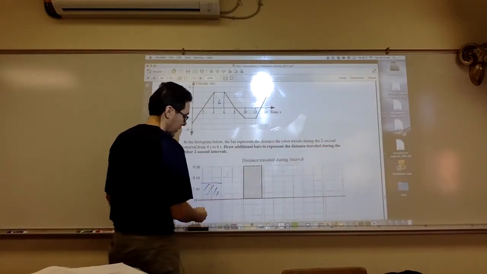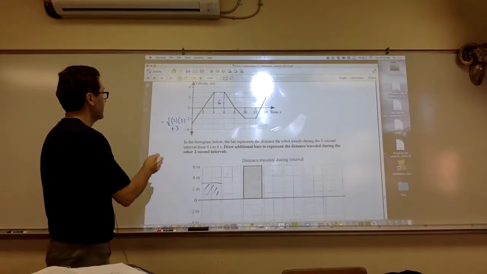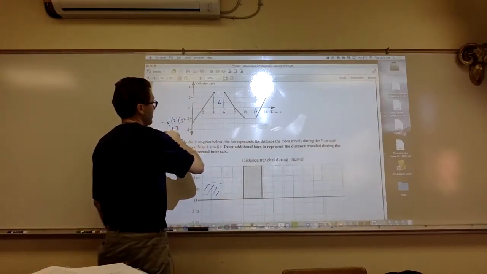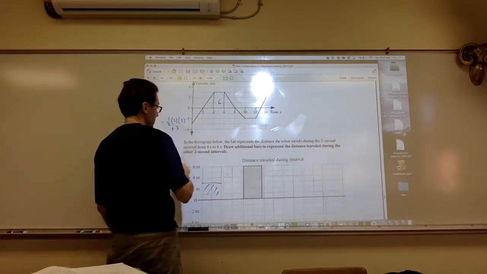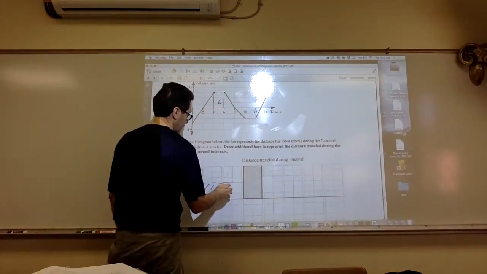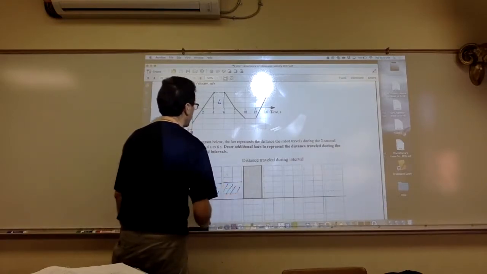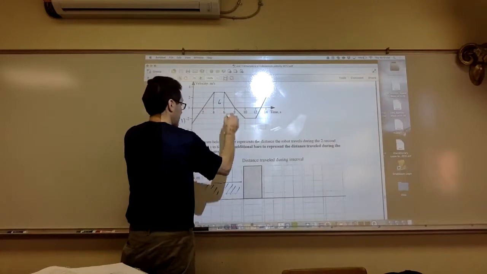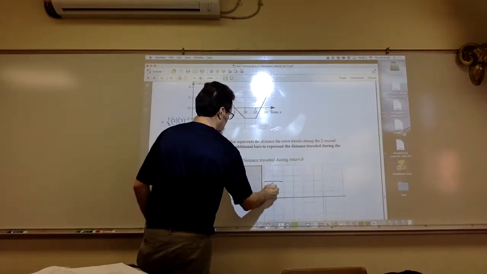And you shade that area. Then you do the same thing for this part, which looks like these two triangles are identical. So we're just going to cover the same amount, same area. This one looks about the same as this one, so it's the same thing here.